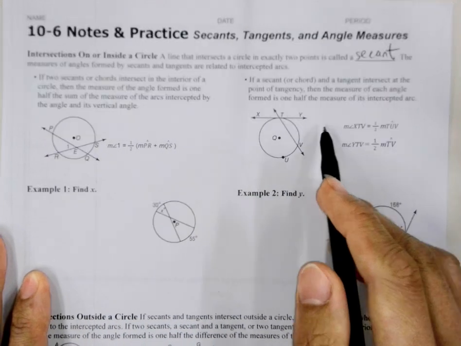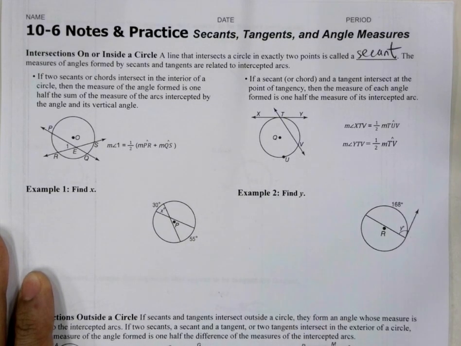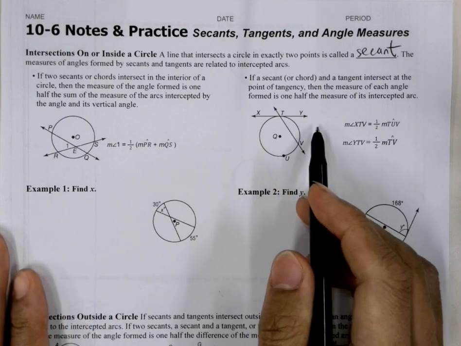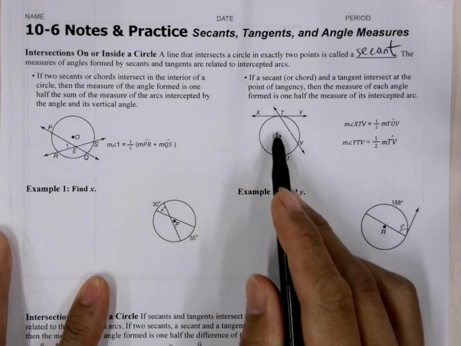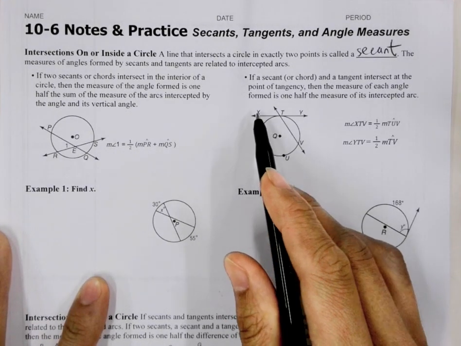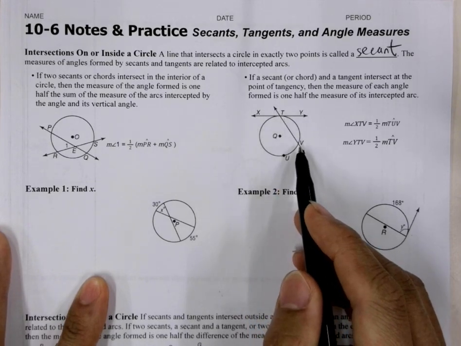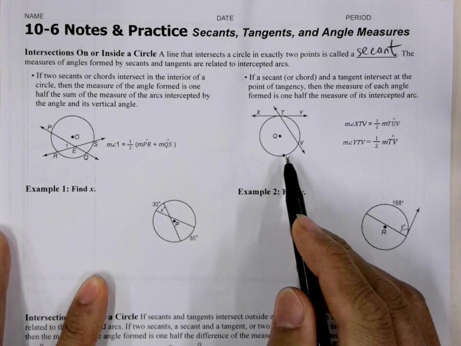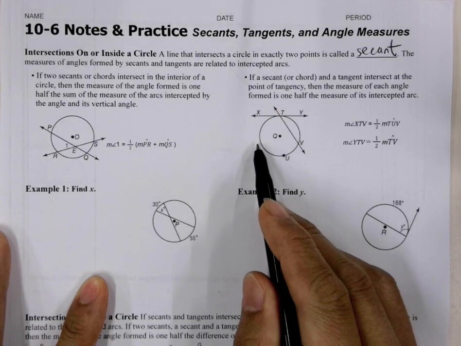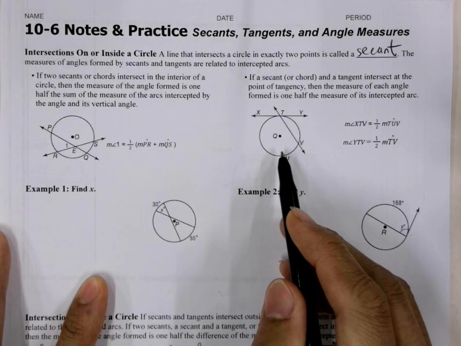And then we have another method of finding angles, but this one is with the tangent. So if we have a tangent and a secant or a chord, then we can find the angle XTV by doing 1/2 of the arc TUV, right? So this intercepted arc here. Same thing over here, right?